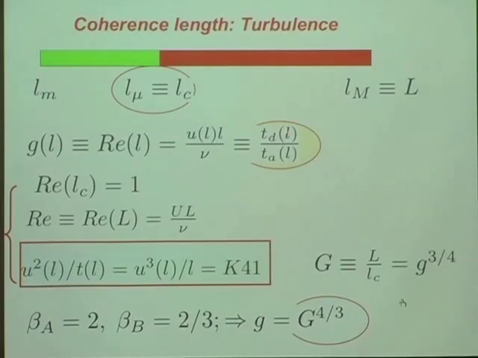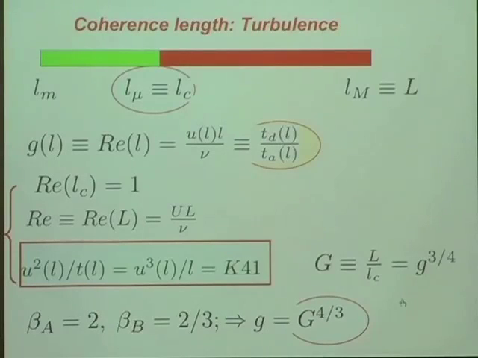The Reynolds number is nothing but the time scale of diffusion versus the time scale of advection. Advection is nothing but L over U. So the Reynolds number, the coupling strength of turbulence as a nonlinear classical field theory, is the ratio of the time it takes an eddy of size L to diffuse versus advect.